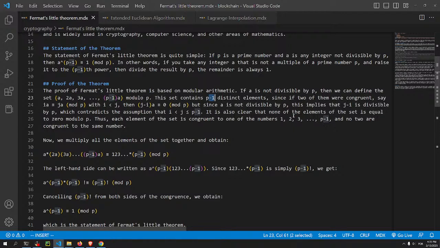Since if two of them were congruent, say i times a equals j times a mod p, the congruence means that the remainder of the division of one of the numbers by p is equal to the other number, with j greater than i, obviously, because you have the remainder, and j minus i times a, the bigger one minus the other one, is equal to 0 when divided by p.